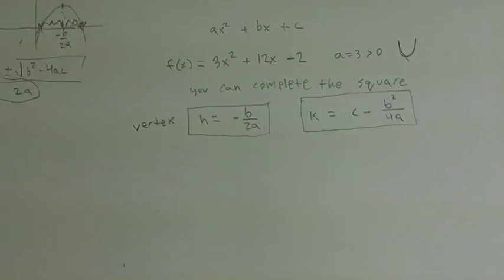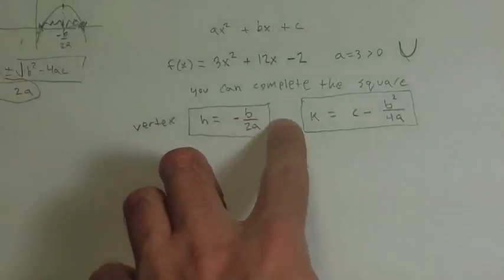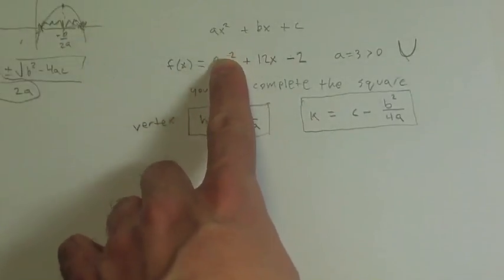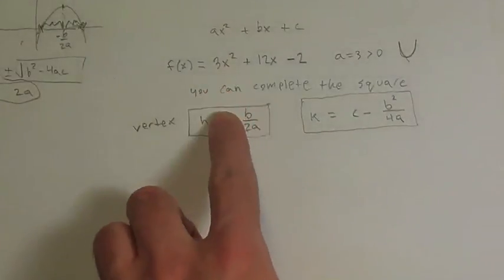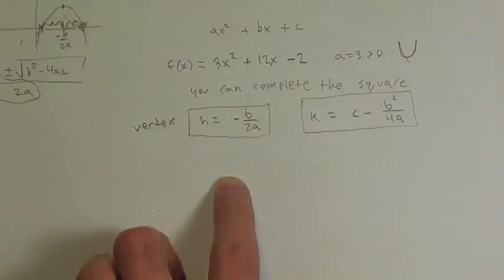The k, there are a couple ways to get that. You can either plug this value into the function and get that, or you could just complete the square, and this comes from completing the square. So anyway, we're going to use these two formulas for this problem.